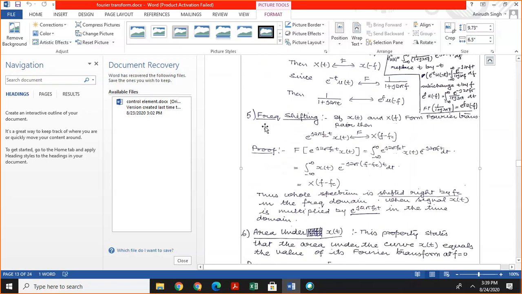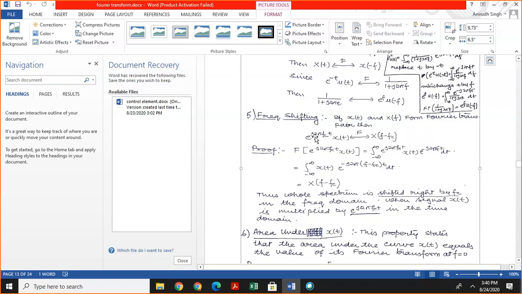Next property is the frequency shifting property of Fourier transform. If the Fourier transform of x of t is X of f, and we multiply x of t by exponential j2 pi fc t, then the frequency spectrum is shifted by fc.